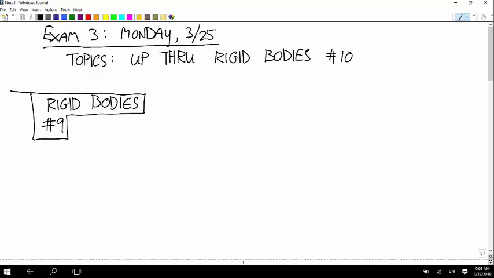Okay, so neglect gravity. So this thing is hovering in space, or you can think of it as a plate moving on an air hockey table or a sheet of ice or something. The rectangle shown has a length of 2.1 and a width of 1.3.